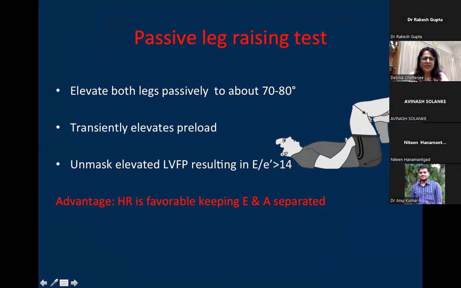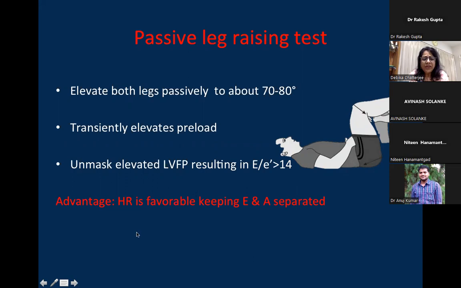When you are assessing the diastolic parameters, you are not getting the sign of LV filling pressure, but you are suspecting it. So you elevate the legs passively to about 70 to 80 degrees. That will increase the preload, and that will unmask the elevated LV filling pressure, resulting in E by E prime reaching more than 14.